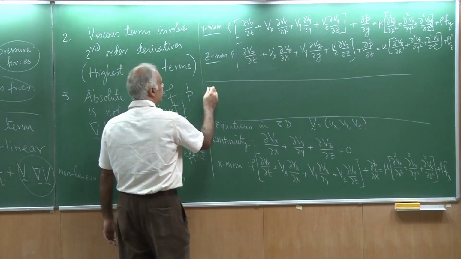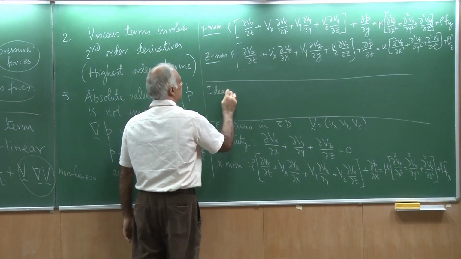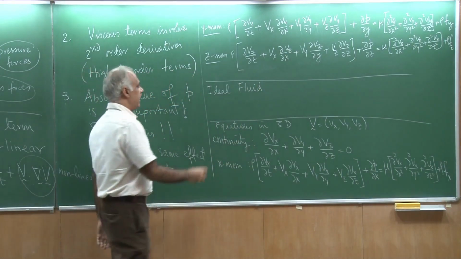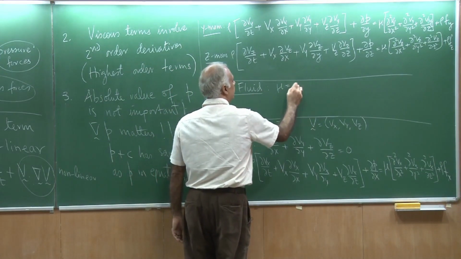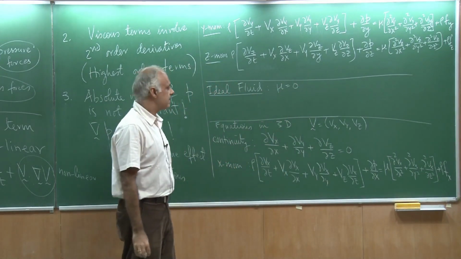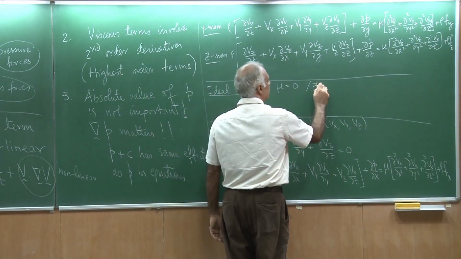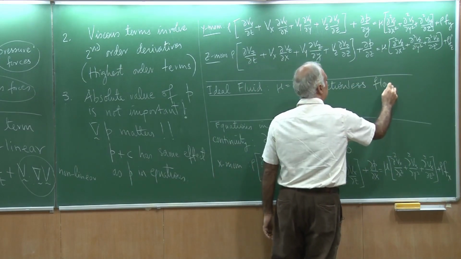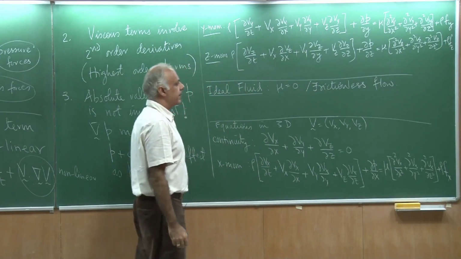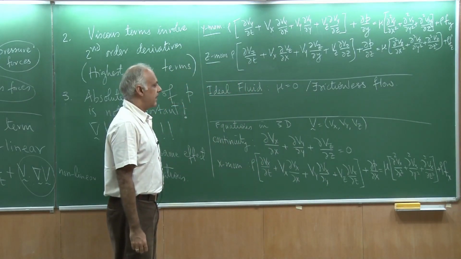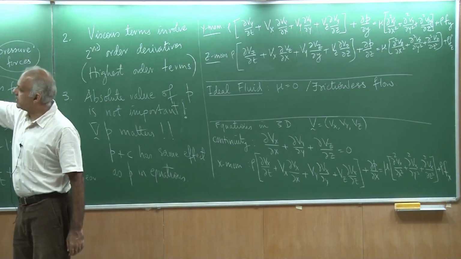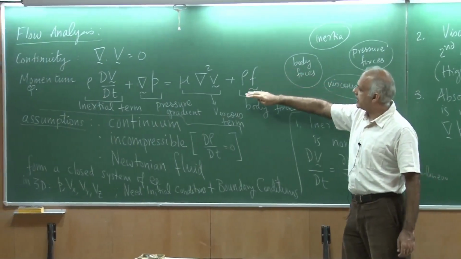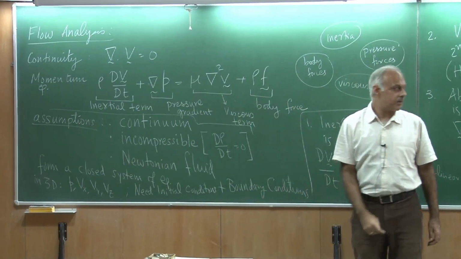What happens if I have an ideal fluid? An ideal fluid implies I have the coefficient of viscosity to be 0. This is also referred to as frictionless flow. And I can do that in these equations, and as you will notice, the continuity equation does not change, but then my viscous terms, I can drop them out.